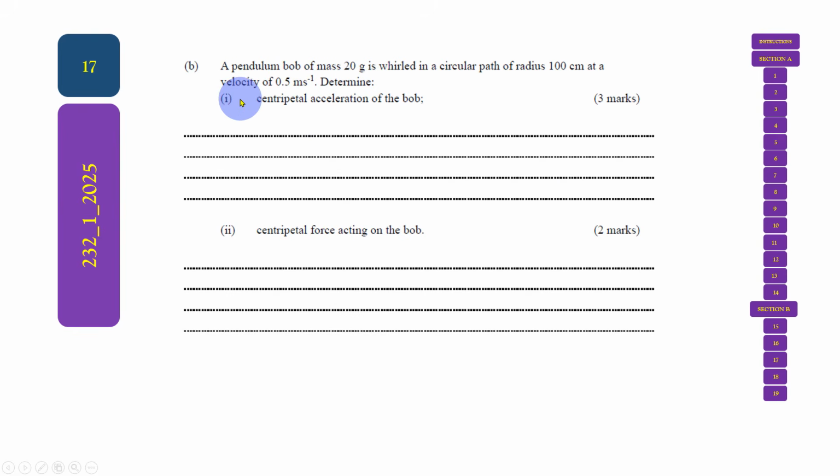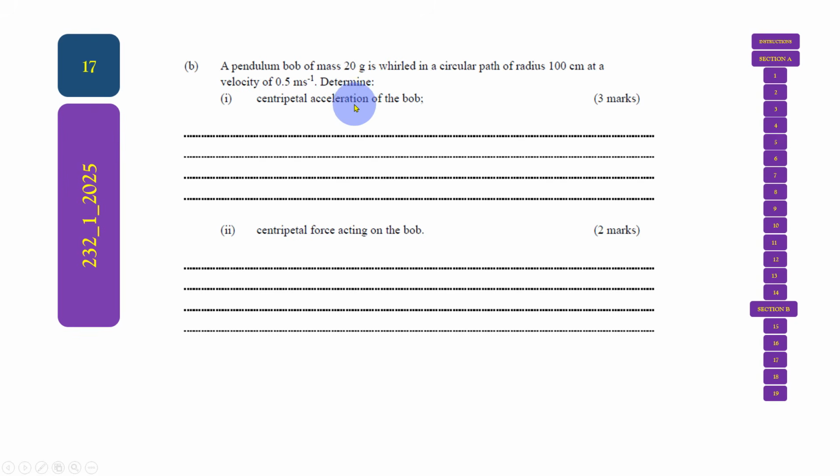Let's look at question 16b. We are given that a pendulum bulb of mass 20 grams is whirled in a circular path of radius 100 centimeters, that is 1 meter, at a velocity of 0.5 meters per second. Determine the centripetal acceleration of the bulb.